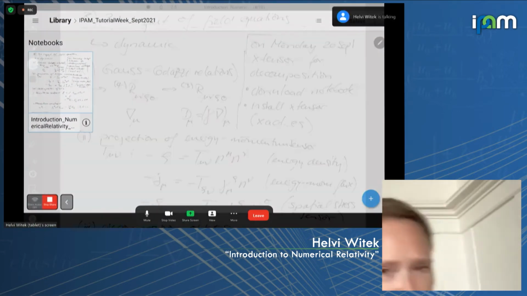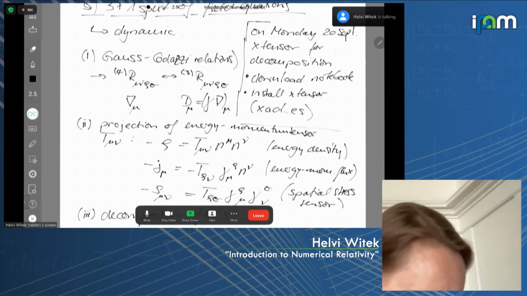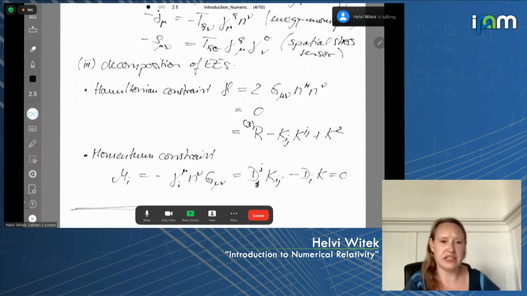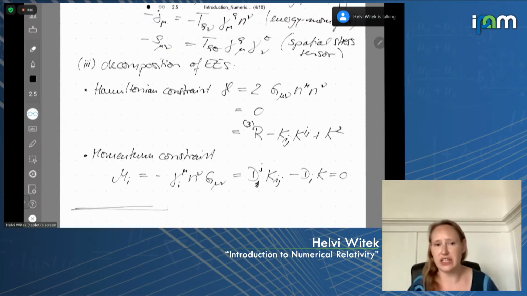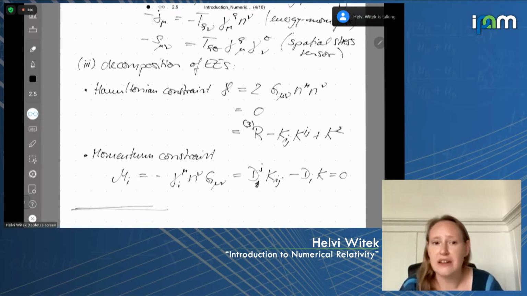Okay, so what we stopped with before our break was to start decomposing Einstein's equations in vacuum in a space-time form, and by contracting our equations with a normal vector, we could isolate the constraint equations.